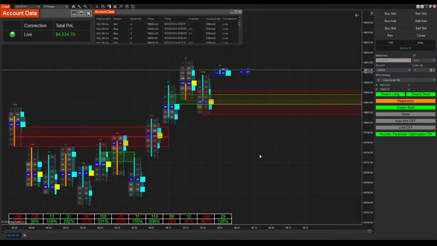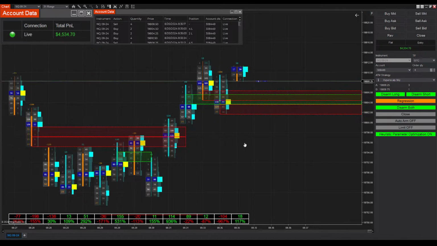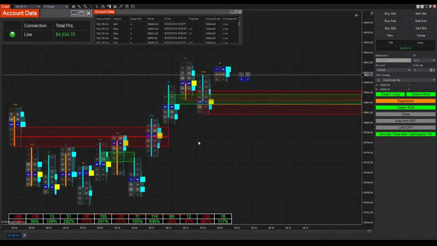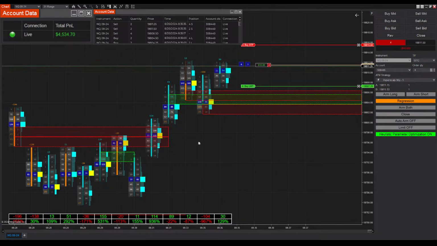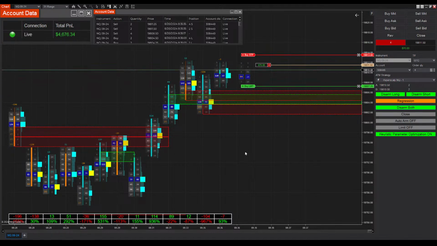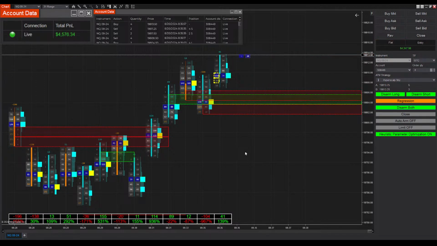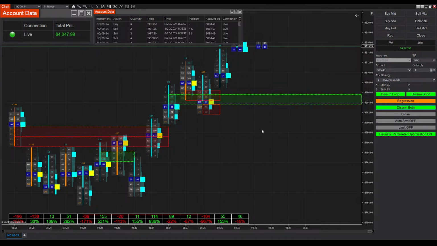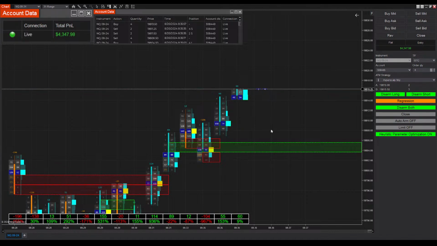Ended up winning that one, putting us up to 4,534. Unfortunately, there is another loss. Going to keep trading today, still going for that $5,000 profit target.